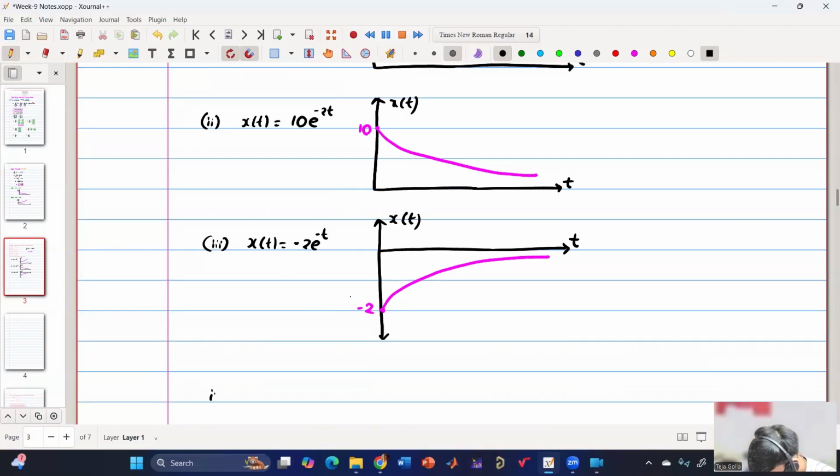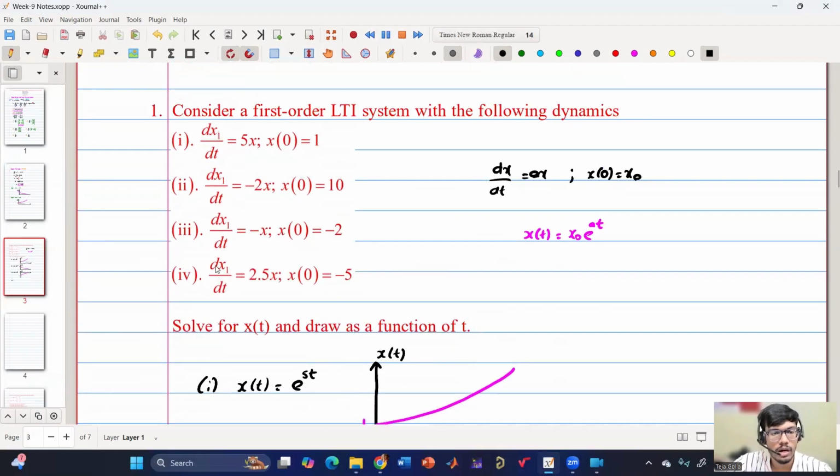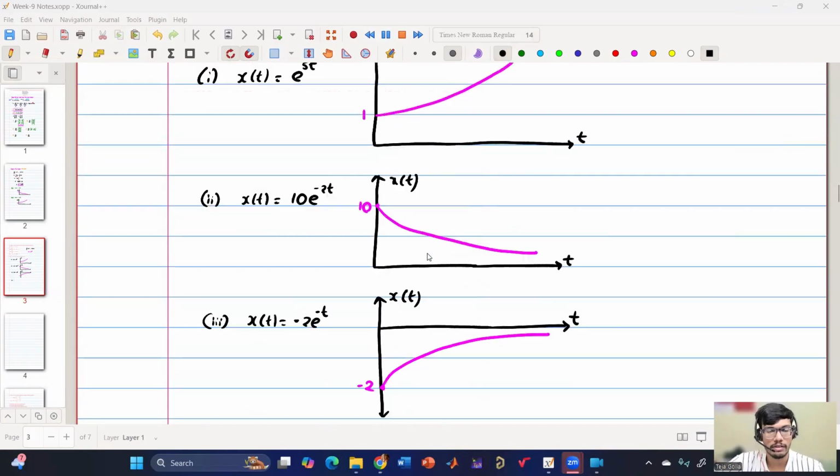Now coming to the fourth point, we have dx by dt equal to 2.5x and x of 0 is minus 5. In this case, what will be x of t? Yes, minus 5 into e to the power 2.5t, not minus because it is plus, and it's a function of t.